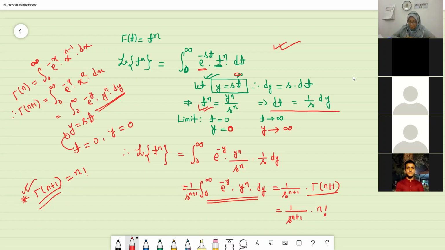In your department, or in the communication sector or control process sector, you face some problems, and after that you can formulate them into ordinary differential equations, partial differential equations or systems of equations. These can be solved by using Laplace transformation. That is the main application of this topic. I hope you understand the necessity of this topic.